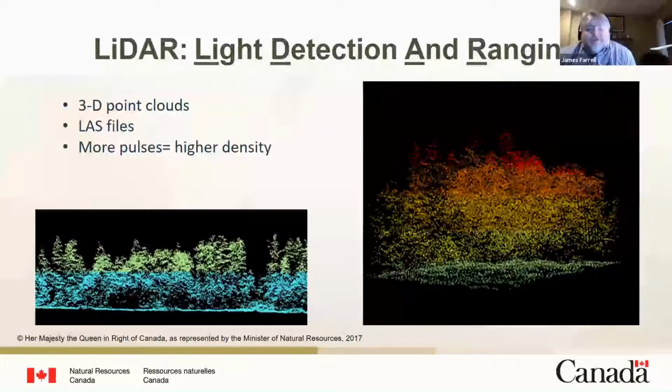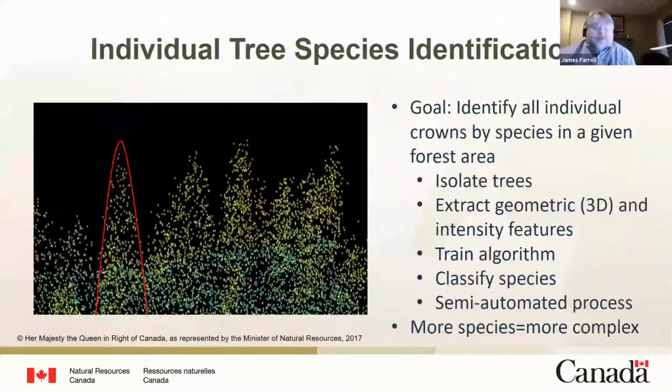A cluster of these XYZ positions is referred to as a point cloud, and is shown here. More pulses over a given area equals a higher density point cloud, of course. With that, the goal is to identify specific clusters of points and assign species.